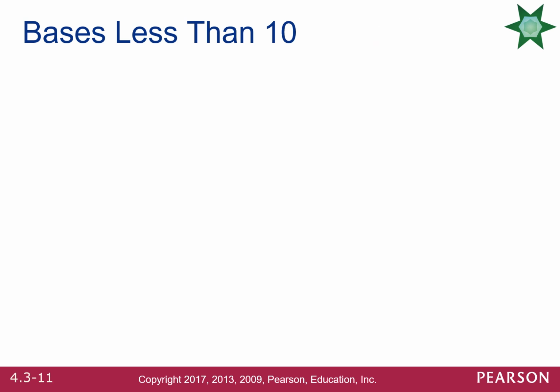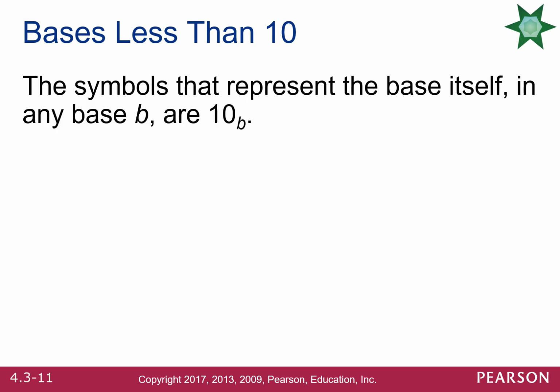First, we will be looking into the bases that are less than 10. Now, the symbols that represent the base itself in any base are 10 sub b. So if we have a number which is 10 base 6, this will evaluate to a 6.